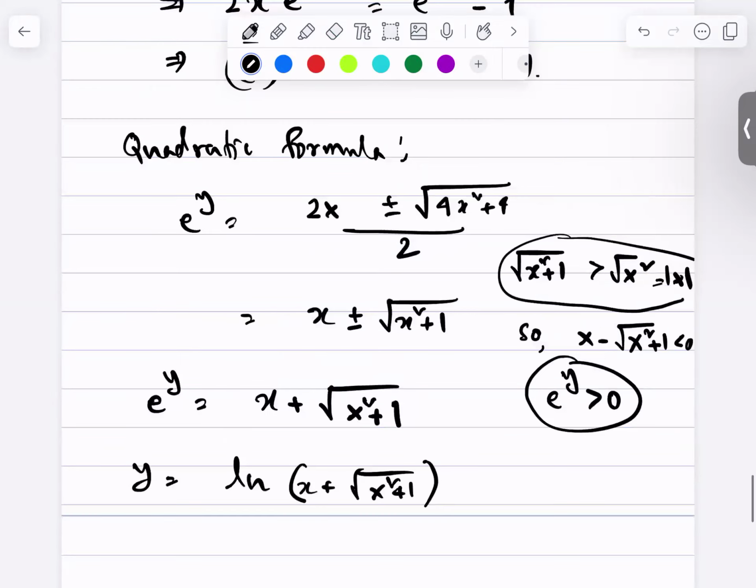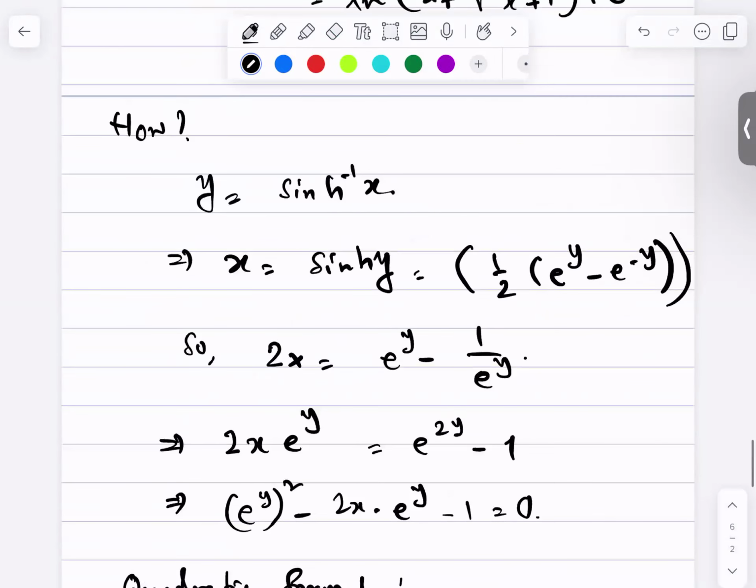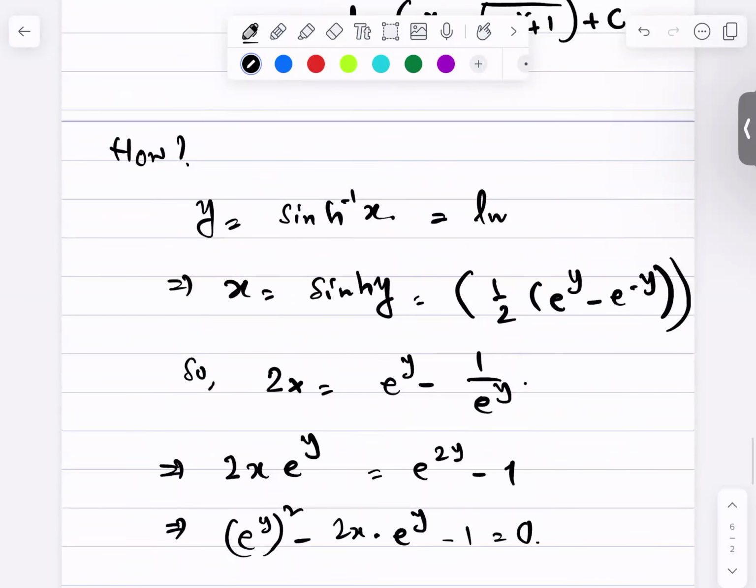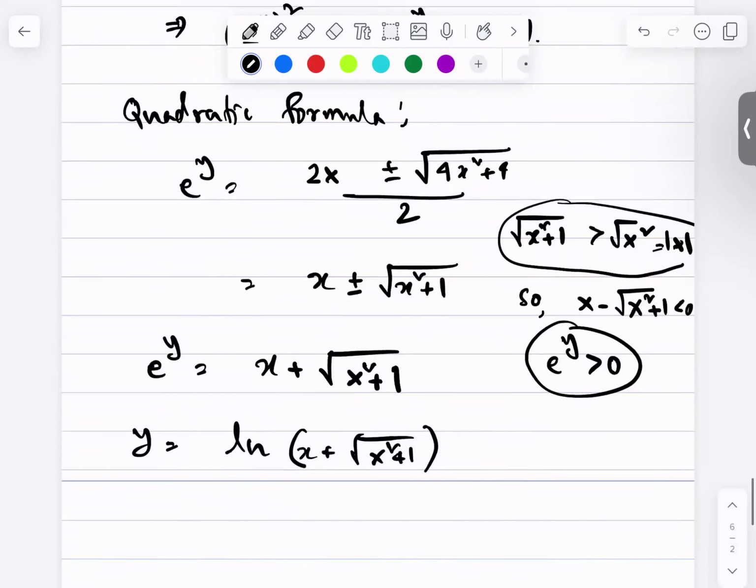Okay. So therefore, I can write y is equal to sine hyperbolic inverse x. Also, this is the same as ln of x plus the square root of x squared plus 1. Yeah.